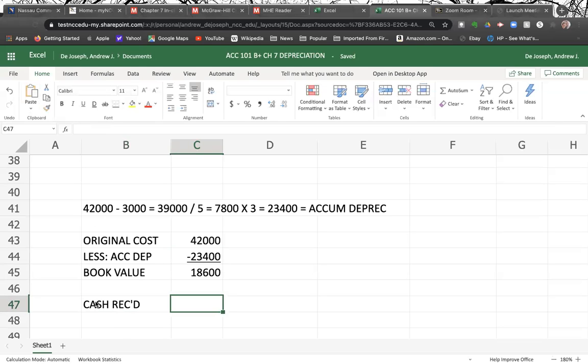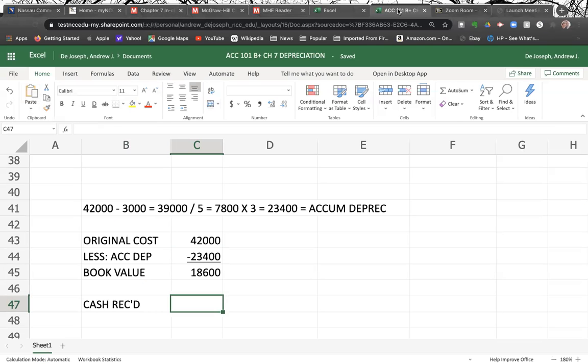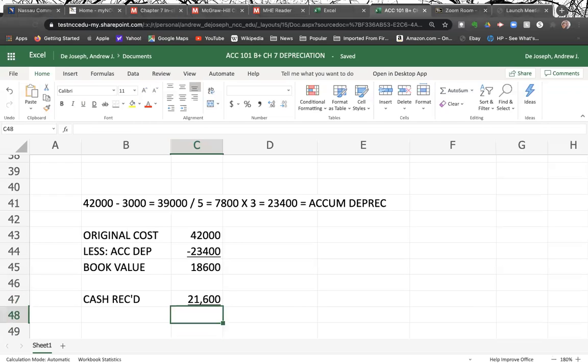How much did we sell it for? Again, I have to go back and read. We sold it for 21,600. So the book value was 18,600. I sold it for more than book value.